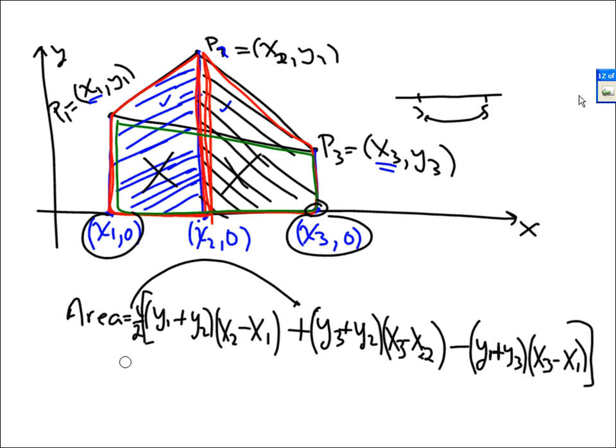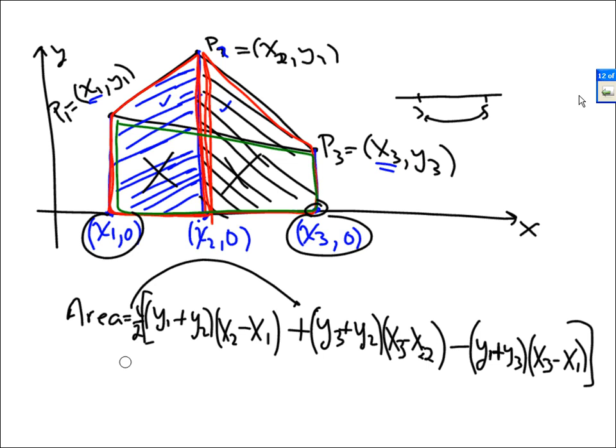Let's see what cancels out. We have 4, 8, 12 terms. y1 x2, do I see it anywhere else? And no. y1 x1, I see down here. First I take away y1 x1, then I add it back. That cancels out.